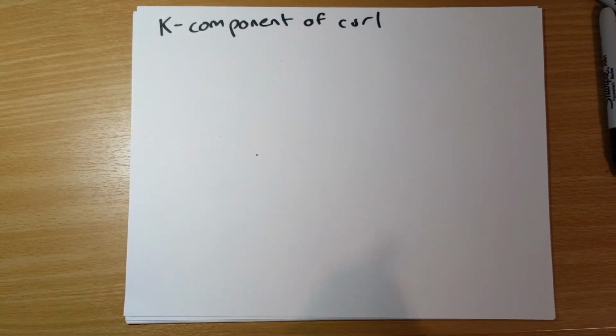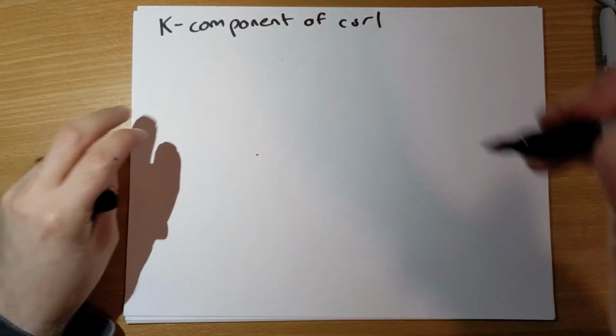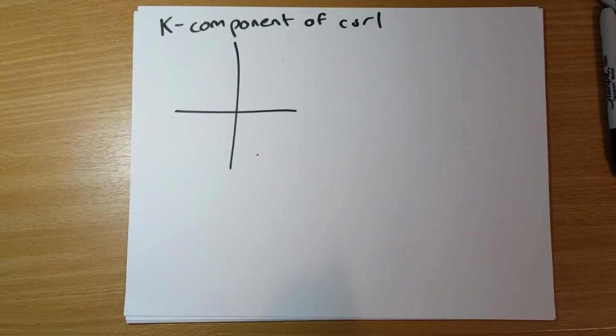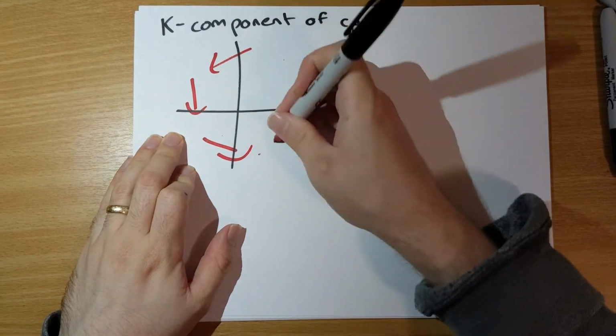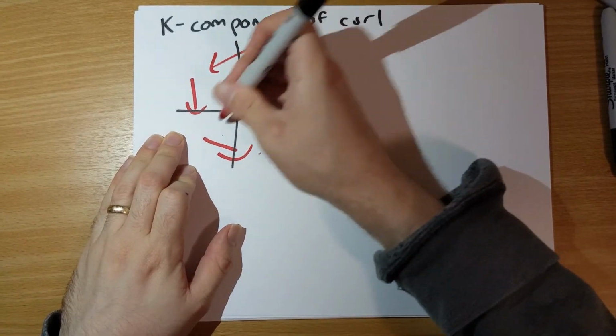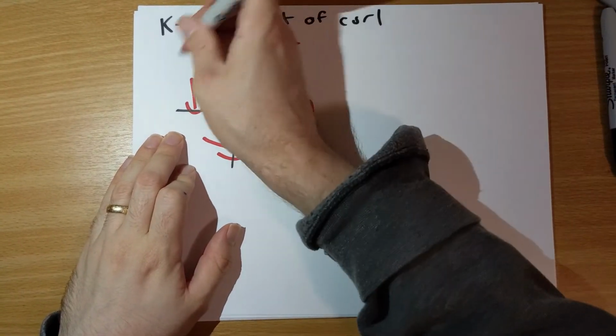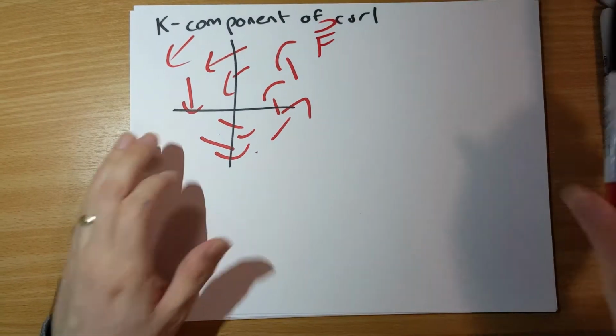The motivation for the k component of curl is, suppose that you have some kind of fluid flow going on here, and I'm just drawing some vector field F.